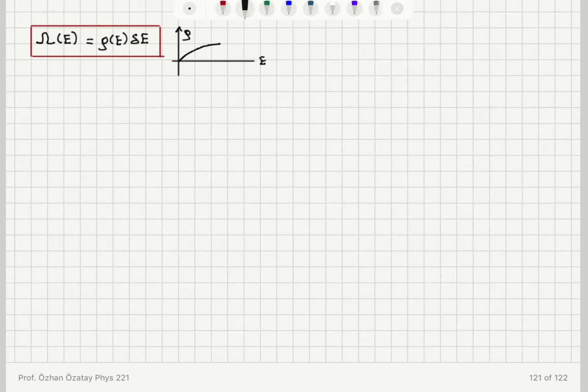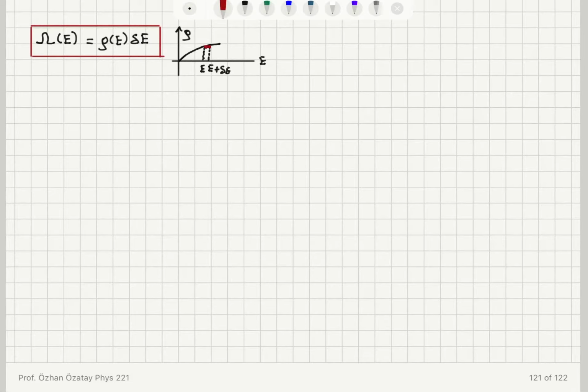It increases with energy like this. Now I pick an energy range E and a very small interval delta E, so E plus delta E. Now you can see that for all practical purposes the density of states here is fixed.